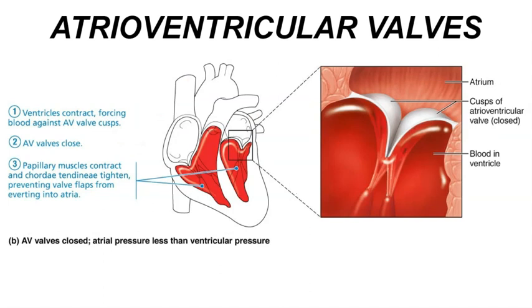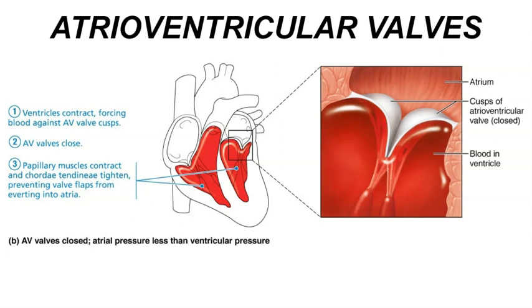So when the ventricles contract, the atrioventricular valves are going to prevent backflow of blood into the atria. This is because when the ventricles contract, the blood within them is going to build up pressure, and this increase in pressure in the ventricles is what causes the flaps of the valves to catch blood, much like air is caught in a parachute.